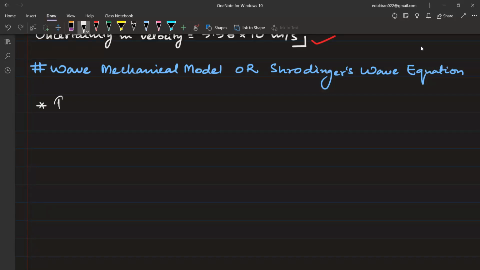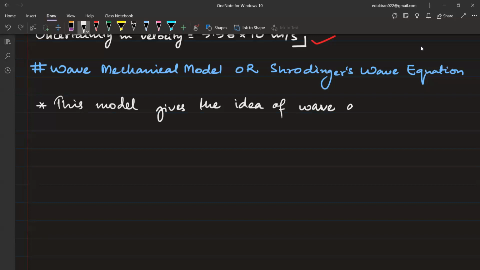This model gives the idea of the wave associated with the electron.